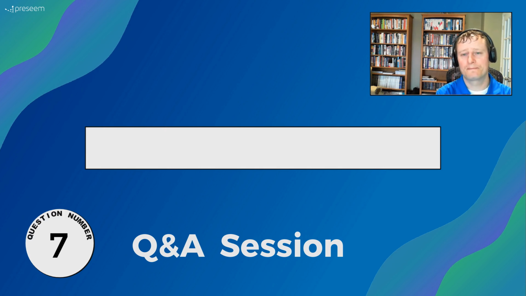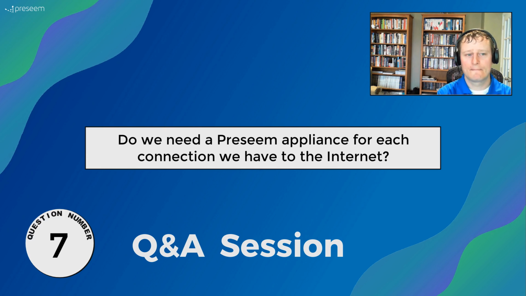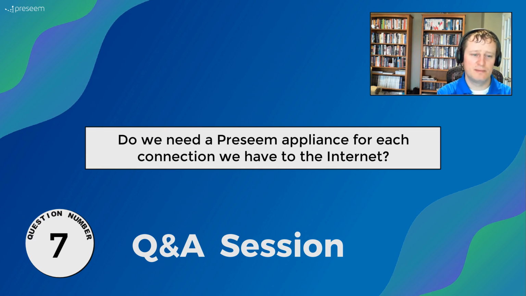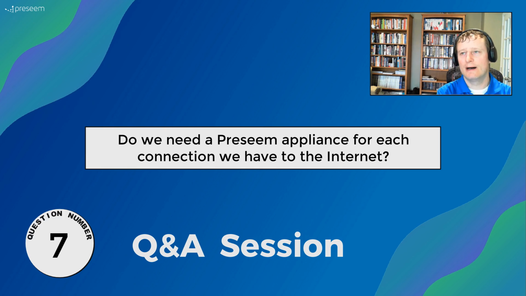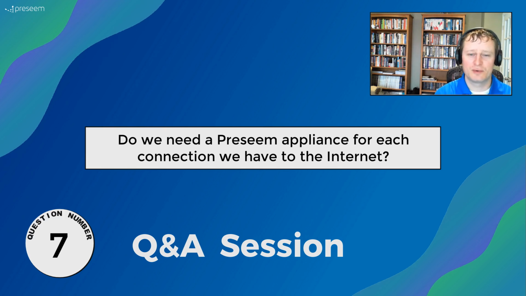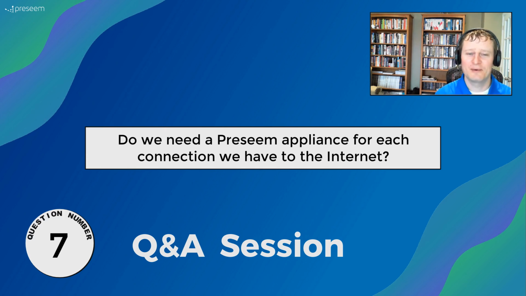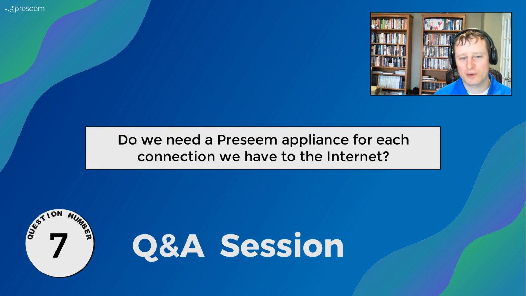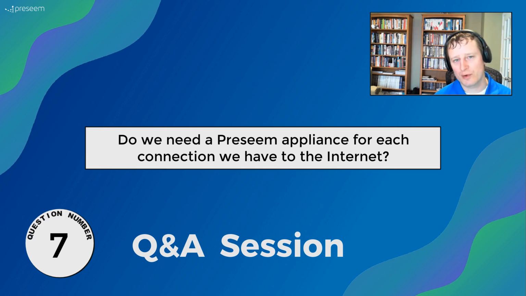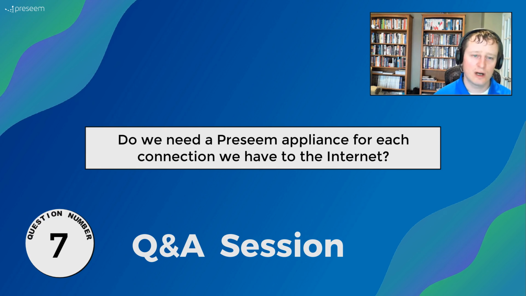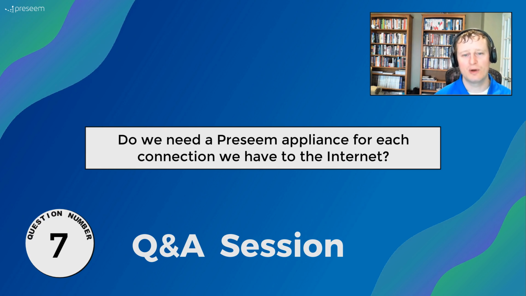Question 7 is, do we need a Preseem appliance for each connection we have to the internet? Yeah, basically all the traffic needs to pass through. If you go too much into Preseem deployment, I'm happy to schedule something afterwards for that. But essentially all the traffic needs to flow through a Preseem appliance. You could do that at the core, or you can do individual smaller boxes deployed with more of them.